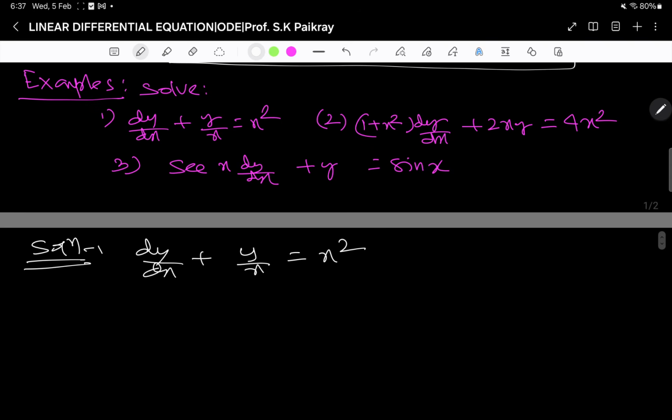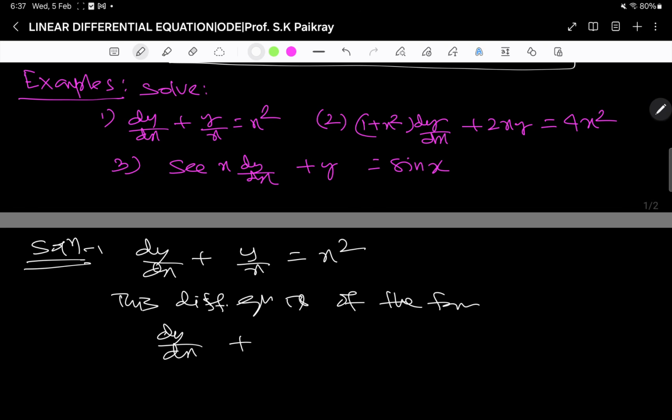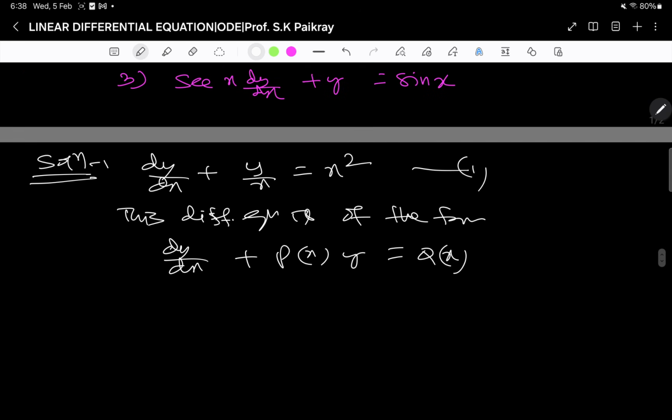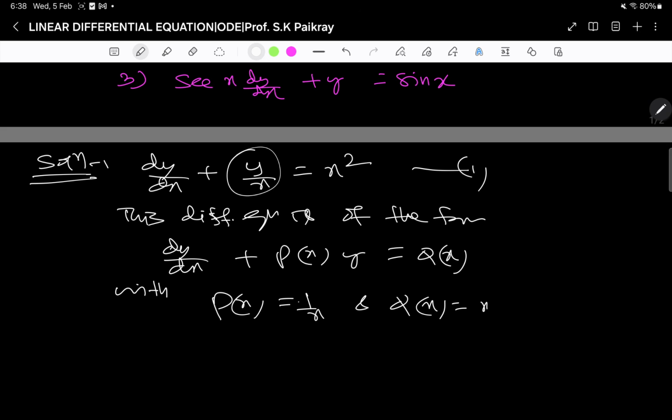This differential equation is of the form dy by dx plus p(x)y is equal to q(x), let it be my equation 1, where p(x) is 1 by x and q(x) is x square.